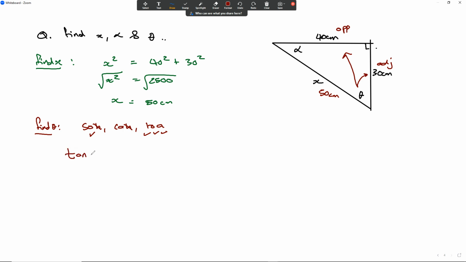Write down tan of theta equals 40 over 30. And so theta will equal shift tan 40 over 30. We then put that on a calculator, shift button first, tan, open the bracket, press the fraction button, 40 and 30 below, and it comes to 53.13 degrees.